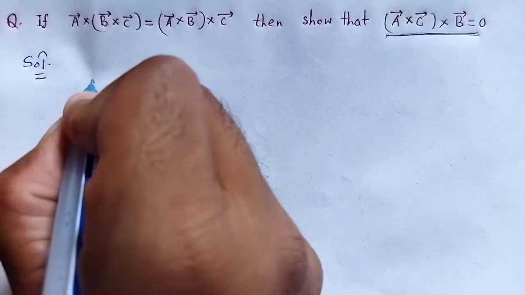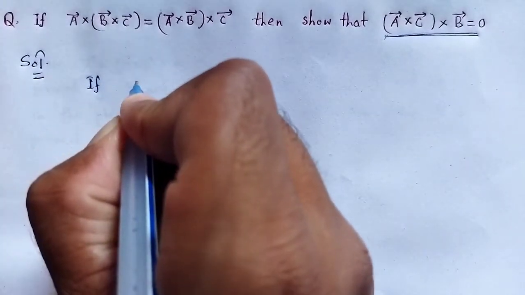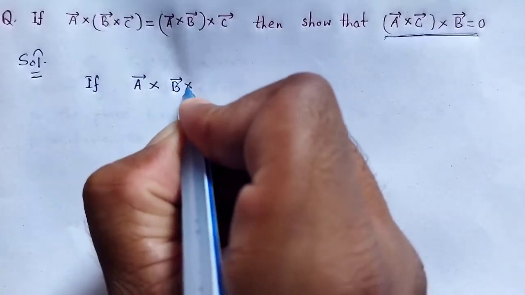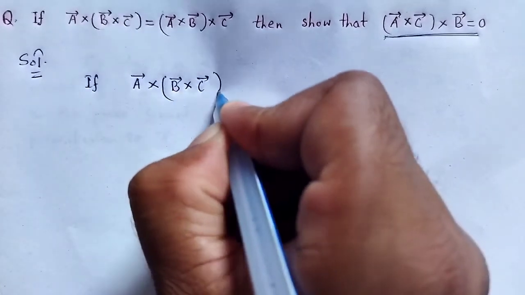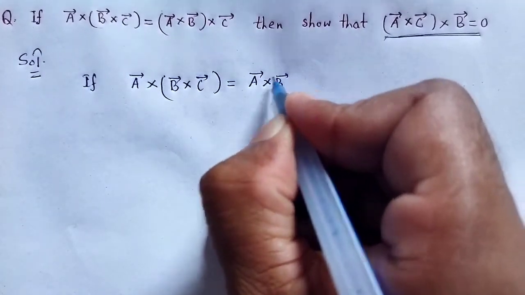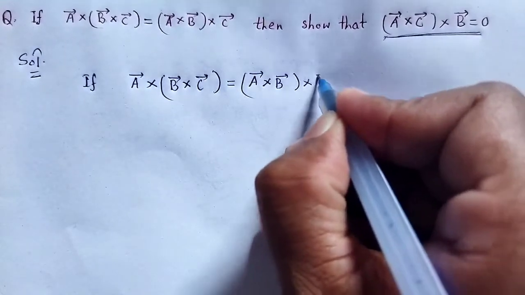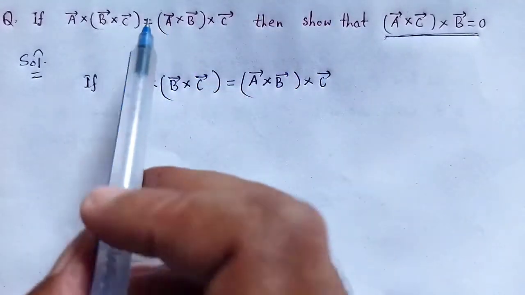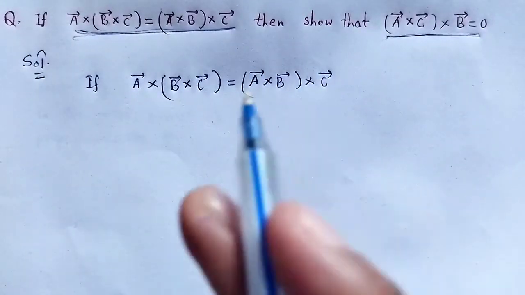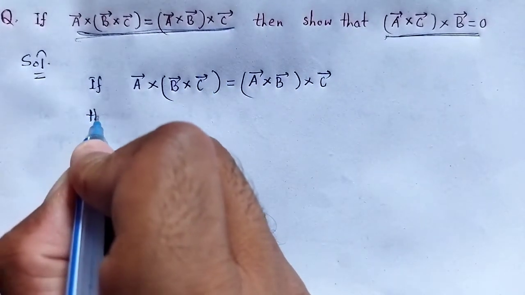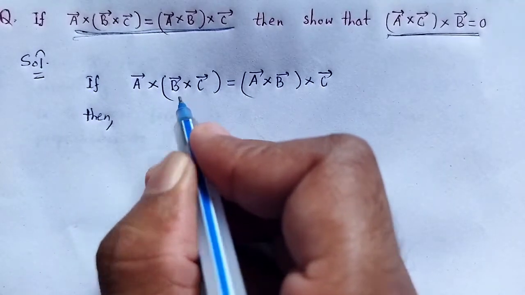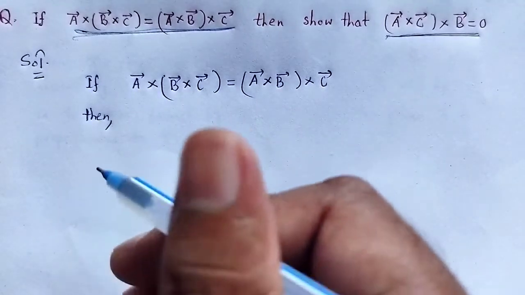See, if A cross B cross C is equal to A cross B cross C, that is given, the given condition, then I expand it using our back minus cab rule.